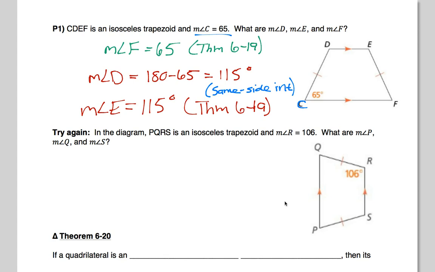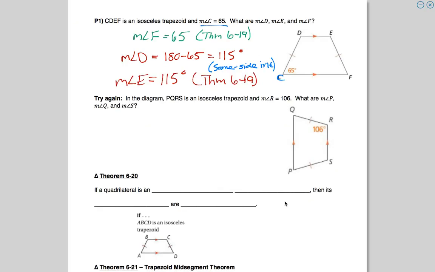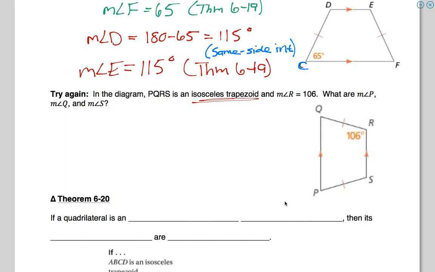All right, try again. If the diagram PQRS is an isosceles trapezoid, that's key there, and the measure of angle R is 106, what are the measures of angles P, Q, and S? The measure of angle S is also 106, theorem 6.19.